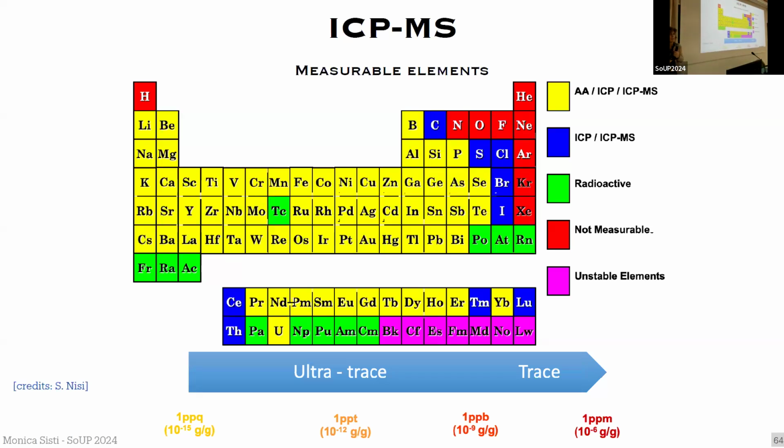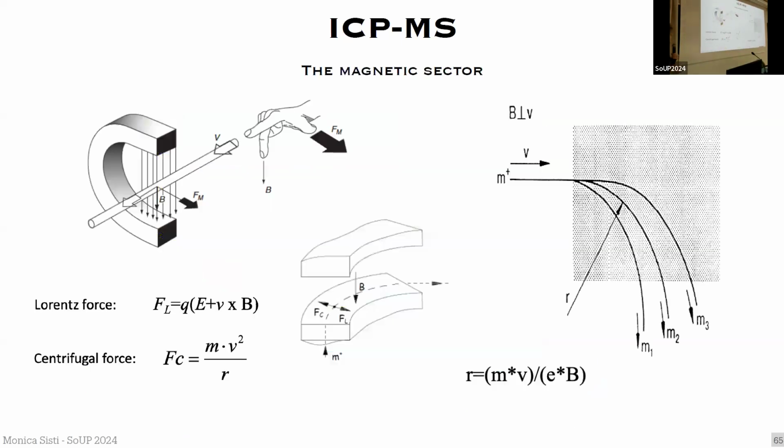The nice feature of ICP-MS is that in the same measurement, you can span from ppm to ppt and with several elements in the table of elements. So it is very powerful and very nice to get information about the composition of your sample.